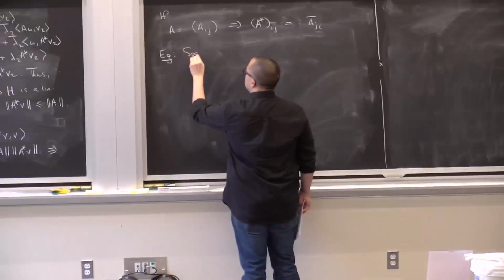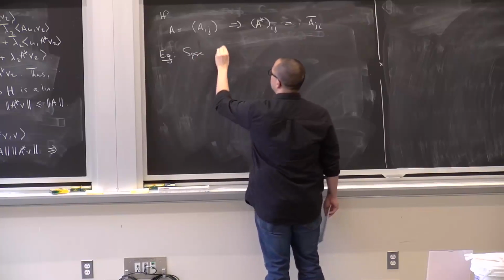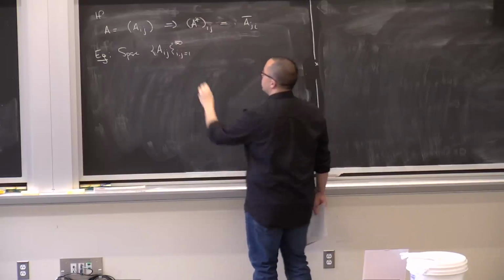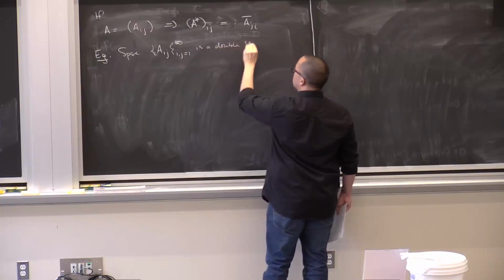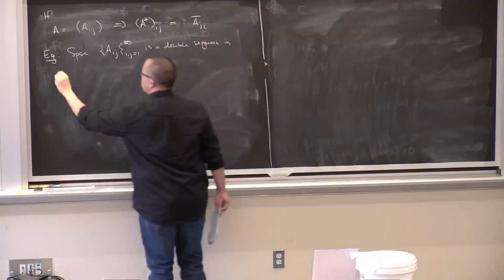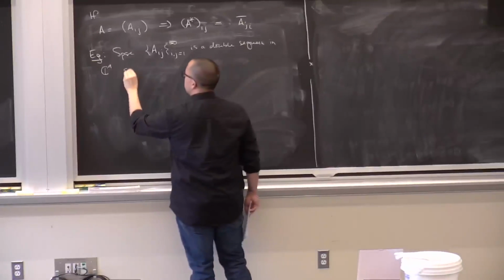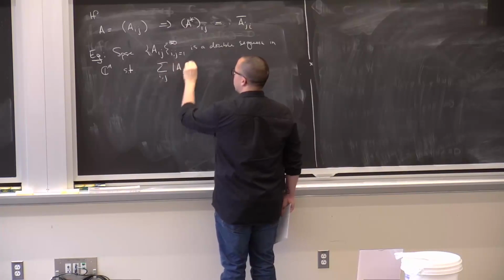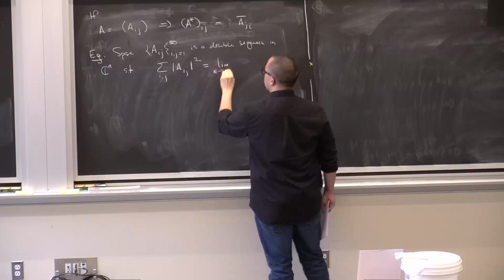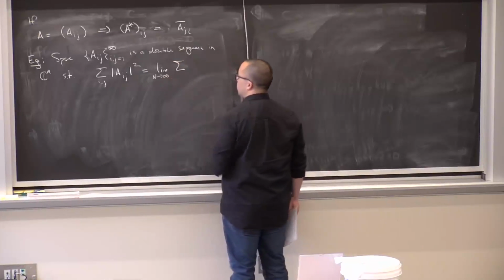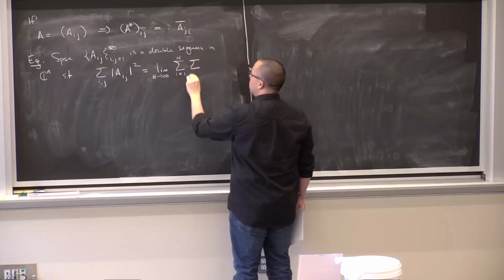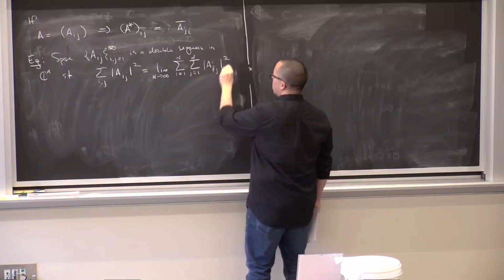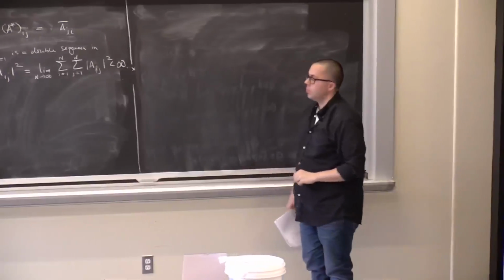So suppose now I have infinitely many numbers A_ij, so a double sequence in C, such that the sum over i, j of the absolute value of A_ij squared, which is the limit as n goes to infinity of the sum for i equals 1 to n, j equals 1 to n, is finite. Okay?